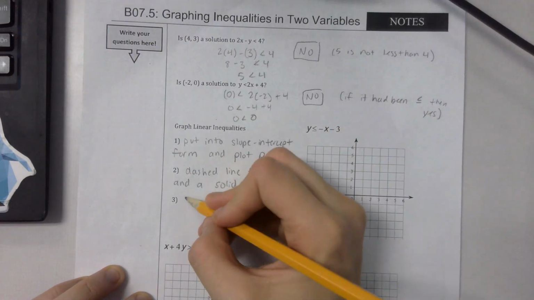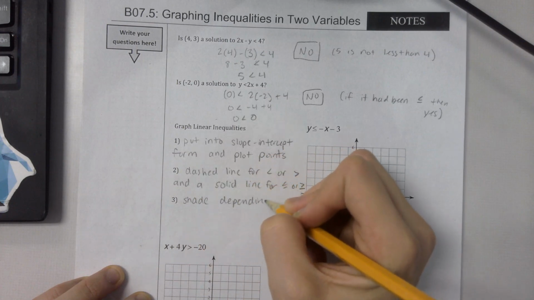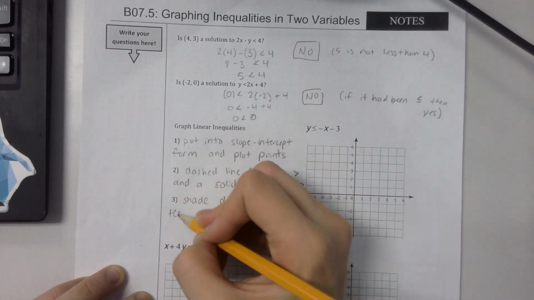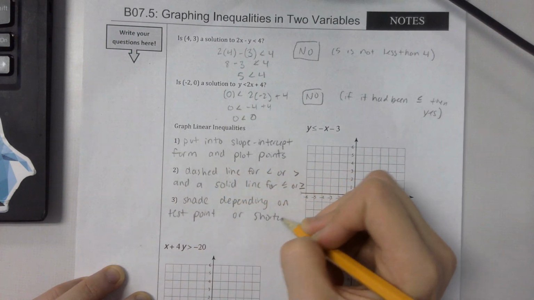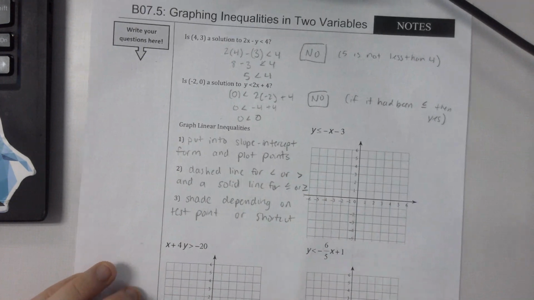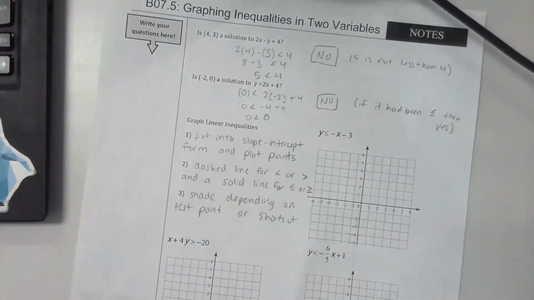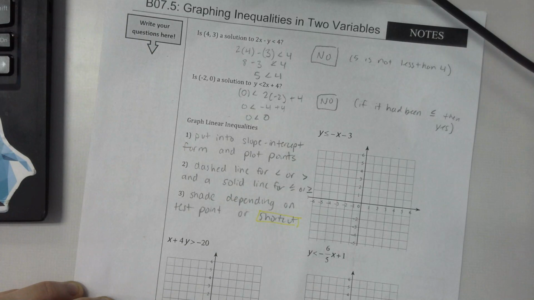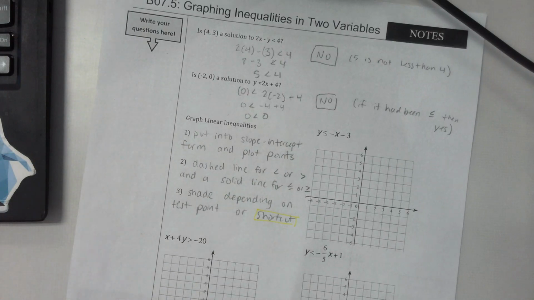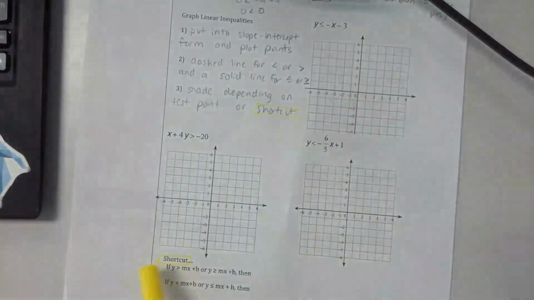And then finally, step 3, we shade depending on test point or shortcut. So this is our shortcut. It's down here, so we'll talk about that later. This is where the shortcut is.